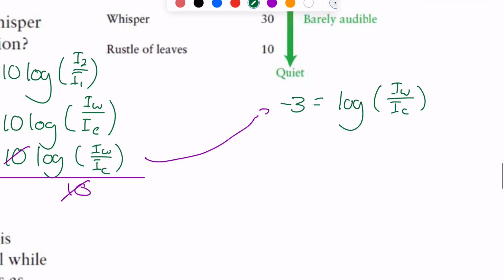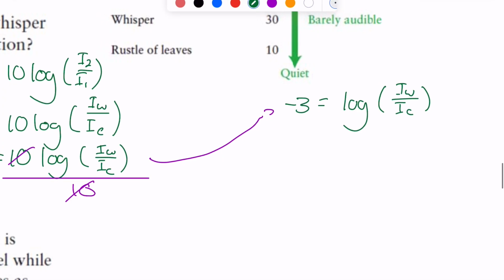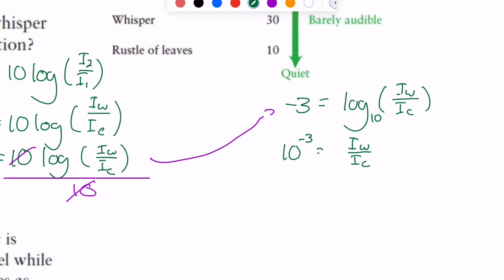Remember, this has a base of 10 if you don't see a number. So that's me saying 10 to the minus 3 is IW over IC. Well, 10 to the minus 3 is 0.001, or 1 over 1,000.